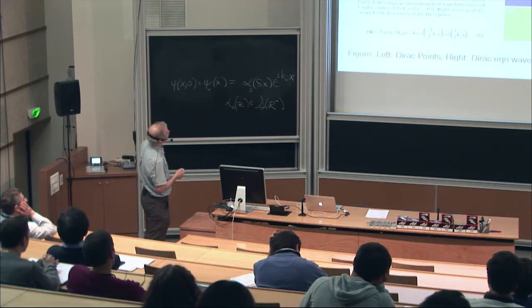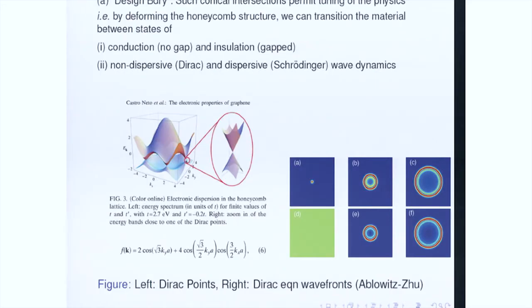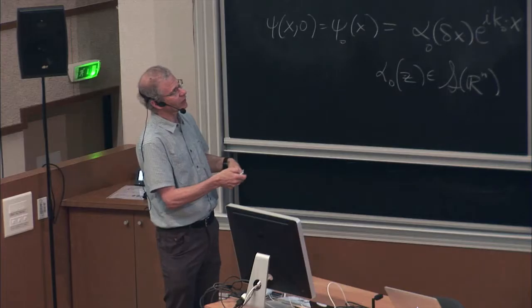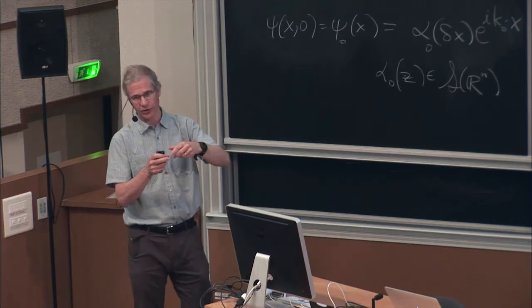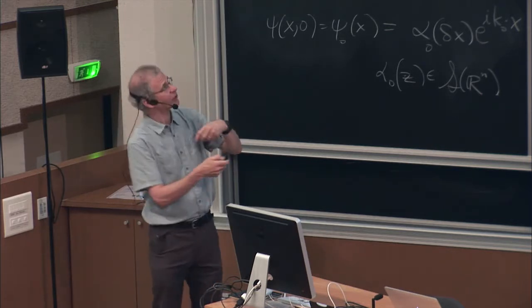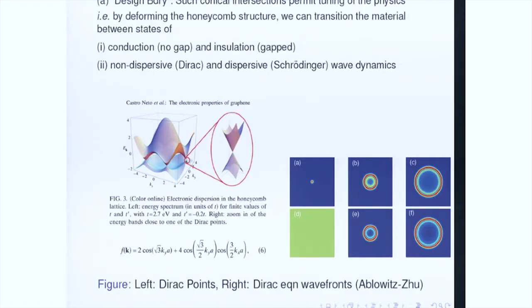So why are such Dirac points important? Dirac points are important because these conical intersections permit tuning of the physics. Think of a fixed periodic structure giving you a conical singularity in its dispersion surfaces, and now deform the structure. If you deform it appropriately, you can actually open up a gap in the spectrum.